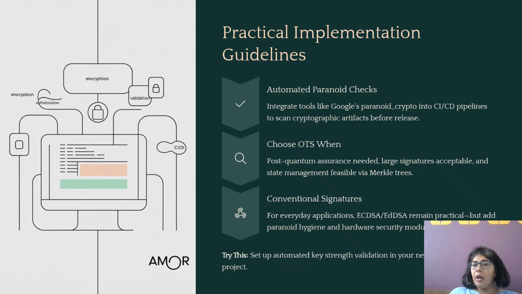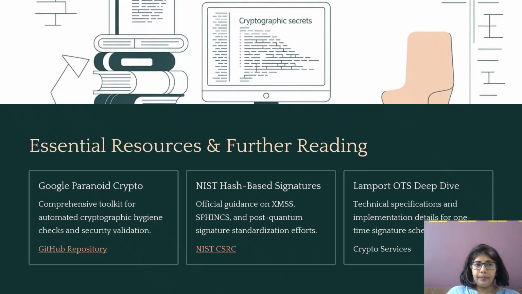Again, paranoid hygiene and hardware security modules are the everyday applications for conventional signatures. Here's something you can try: set up automated key strength validation in your new projects, and go from there to see how the performance of paranoid crypto is.